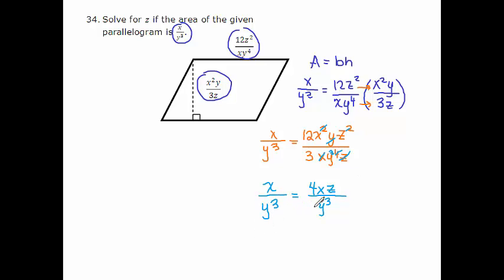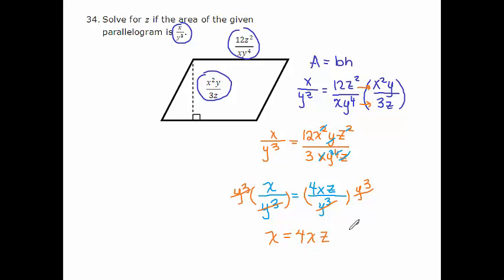I have y to the 3rd power in the denominator on both sides. So I actually can multiply both sides by y to the 3rd power. To simplify even further, I have x equals 4x times z.